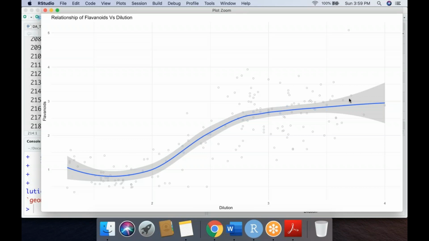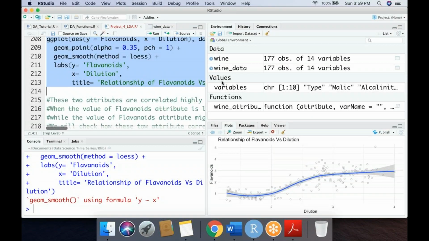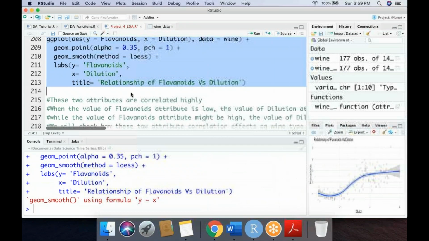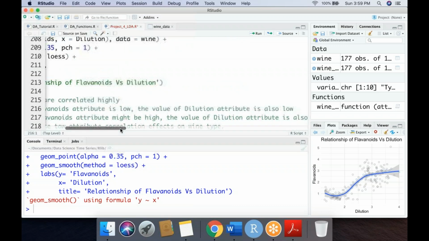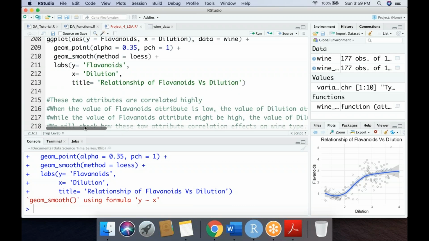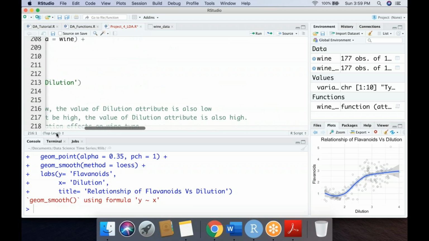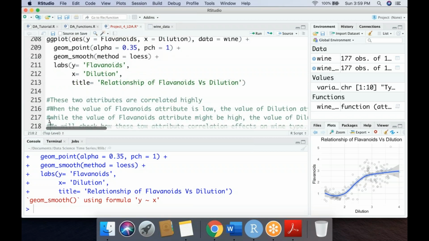Although it's not a very linear relationship, there is a relationship that we can see. These 2 attributes are highly correlated: when the flavonoid value is low, the dilution value is also low, and while the flavonoid value might be high, the dilution attribute can also be high.